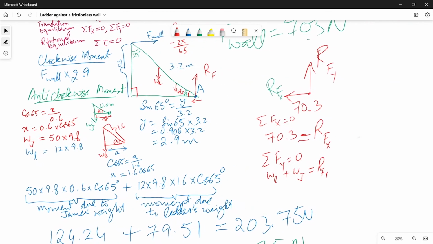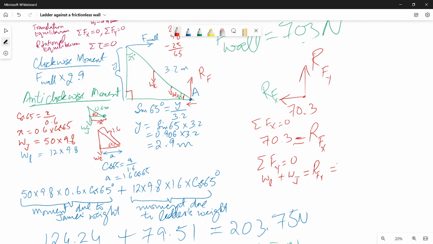So we had calculated WL, which was 12 times 9.8 for the ladder, plus James had a 50 kilogram mass, so 50 times 9.8. This should be equal to RFy, which is our reaction from the floor, vertically up.